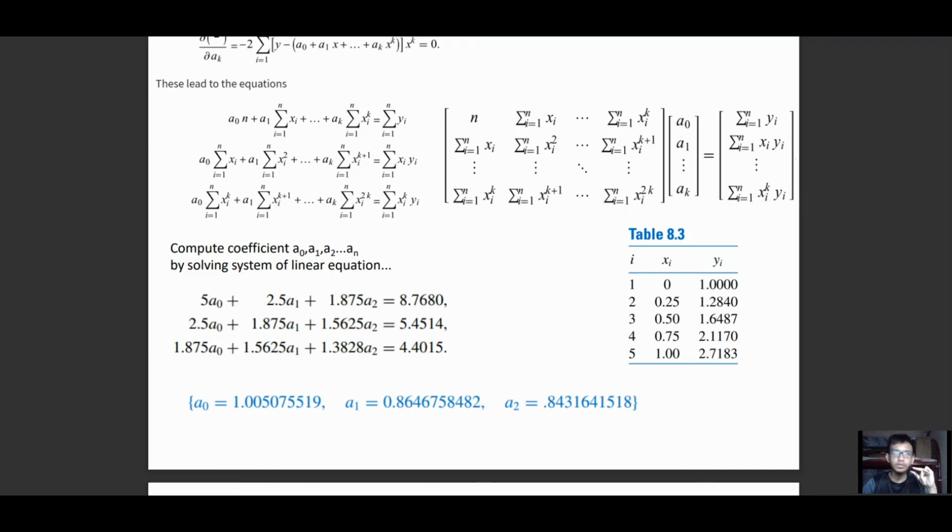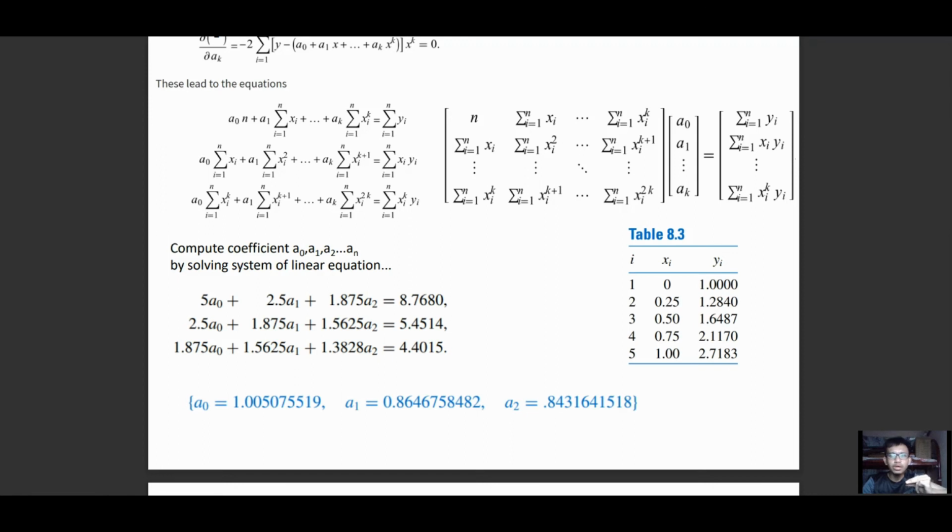Okay, and then we take this thing, we see over here we have a naught, n. So for a naught, n, we just calculate the value of n over here. The value of n is just how many terms there are. Actually, this is xi to the power 0. Every term with power 0 will be equal to 1.